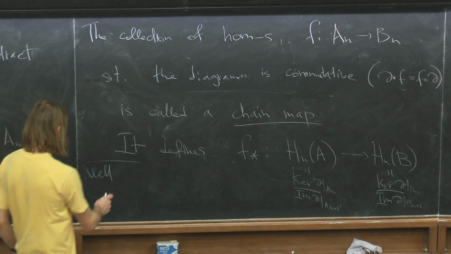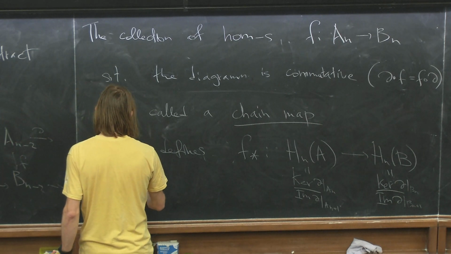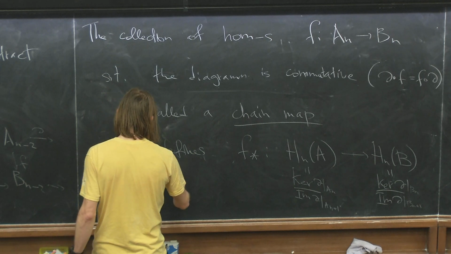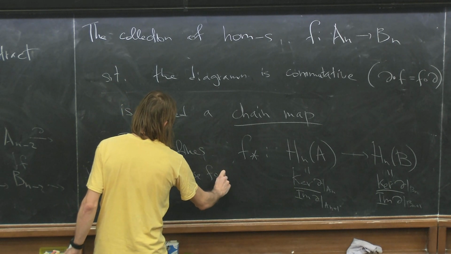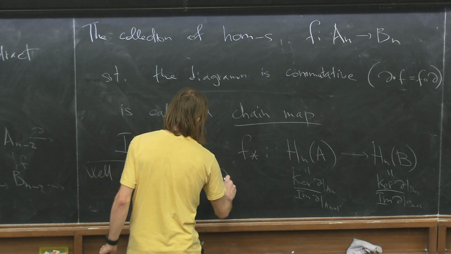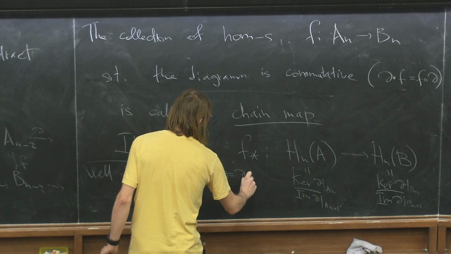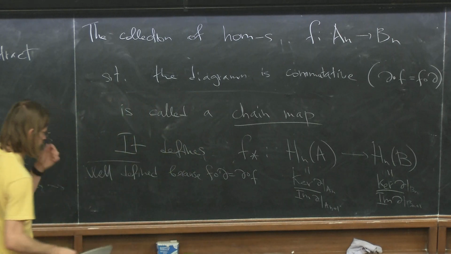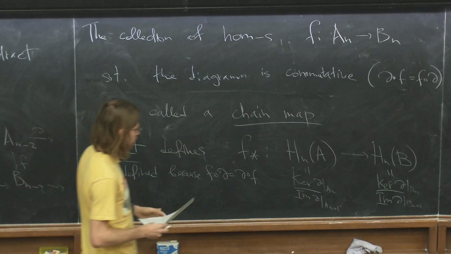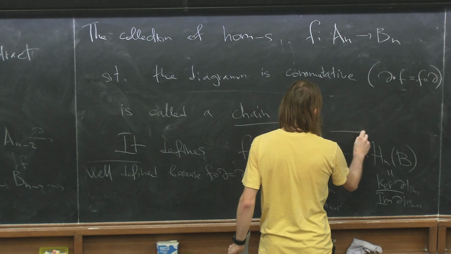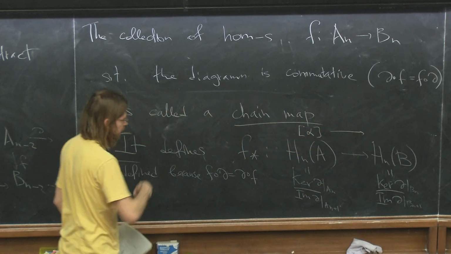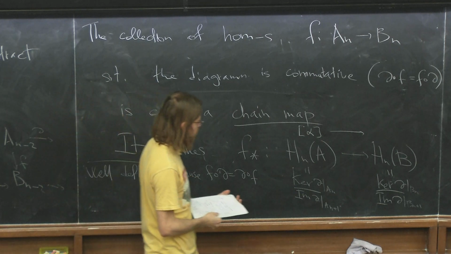Because this is well defined because of our property, chain map. So we define this map as we already did in the case of singular chain complexes.